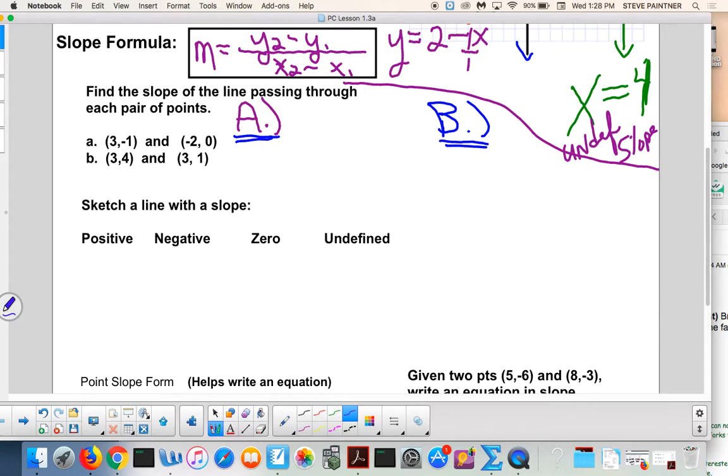So, slope for A, just anybody say it? Negative 1 over 5. Okay, negative 1/5.